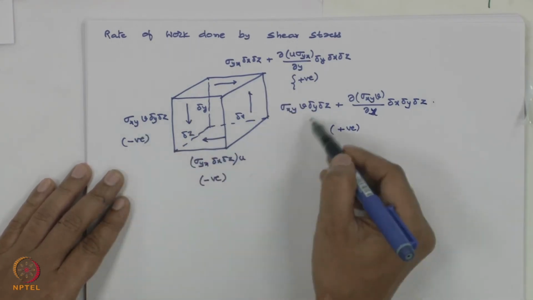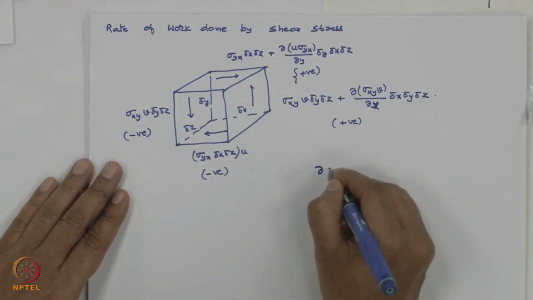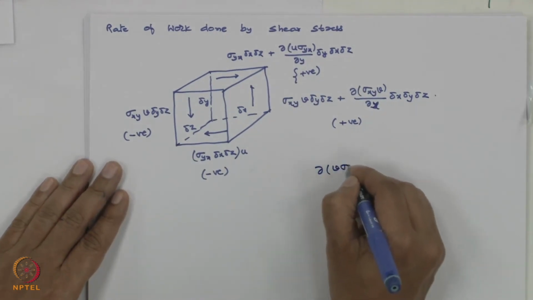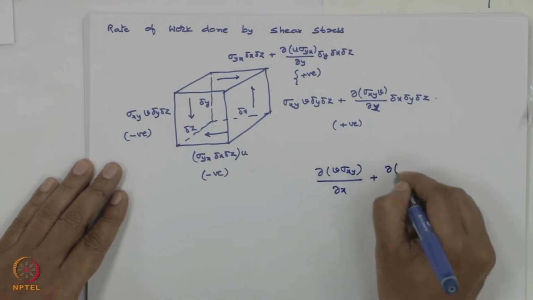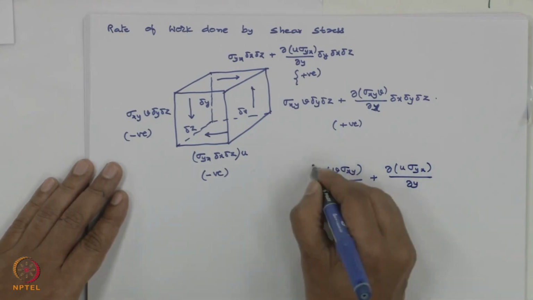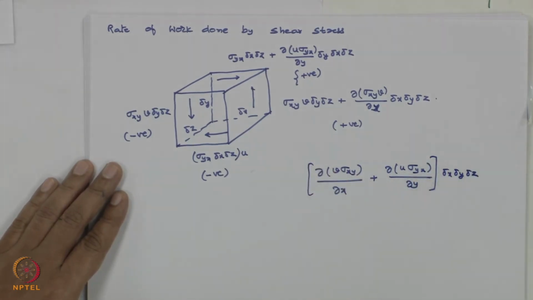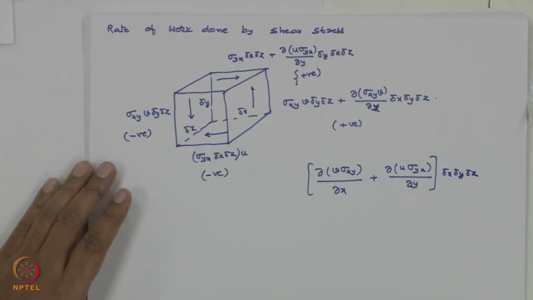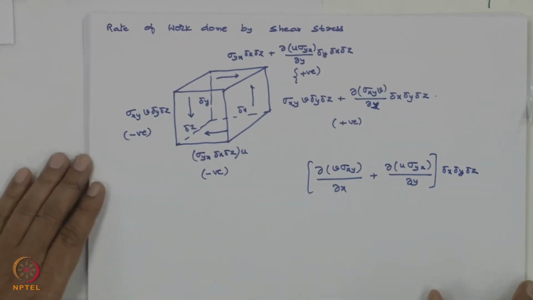So these first terms are going to get cancelled out. I am left with del of v sigma xy upon del x plus del u sigma yx upon del y, into delta x delta y delta z.